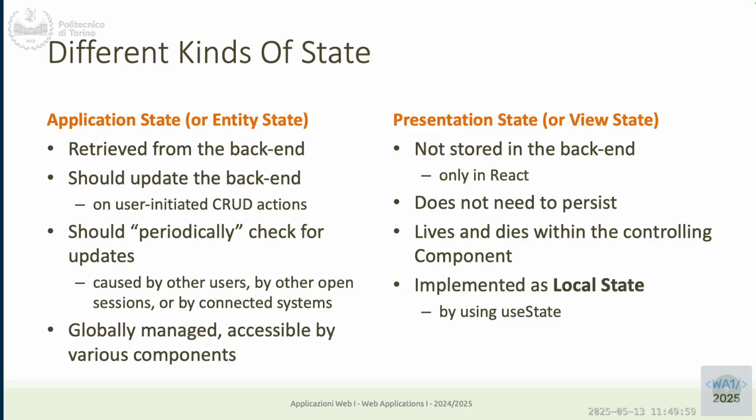These two copies may become out of sync for two reasons. One, because the server modified, or some other user modified, some information in the server. So the information that I'm currently displaying is stale, it's no longer updated. It's an old copy. And it may be a problem if the user makes some decision based on the information that is there.